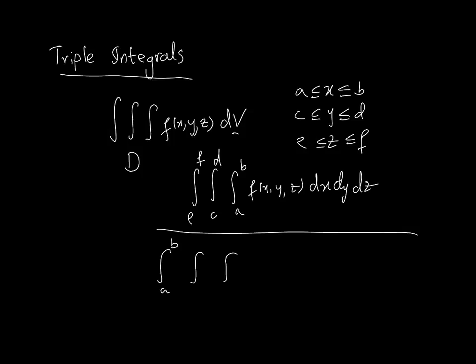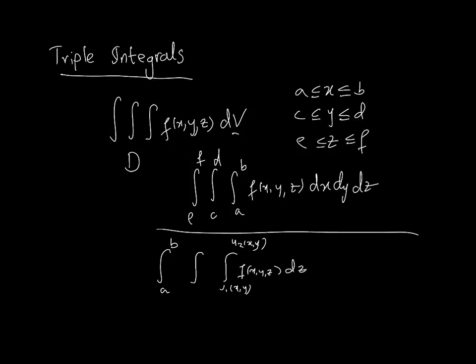So what you can expect to see, for instance, is numbers on the last integral, and depending on the order, usually we do z first. So you have z as a function of x, y, going from some function u1 of x, y to u2, some function of x, y.